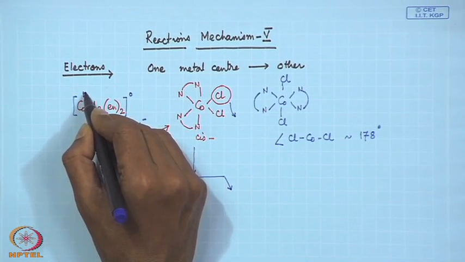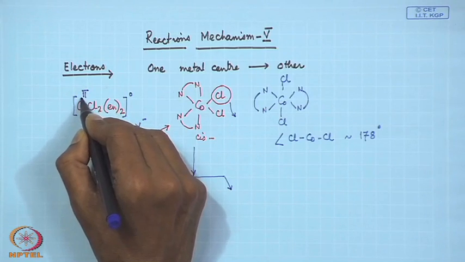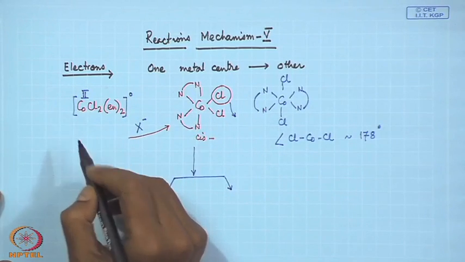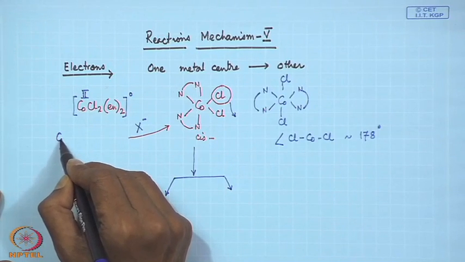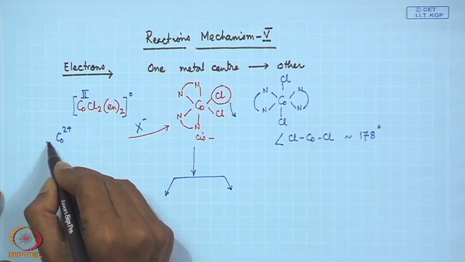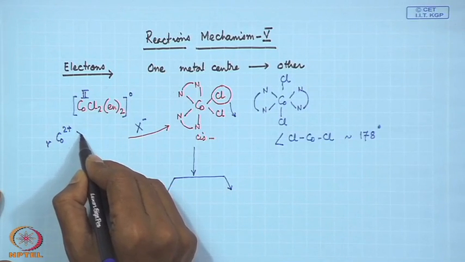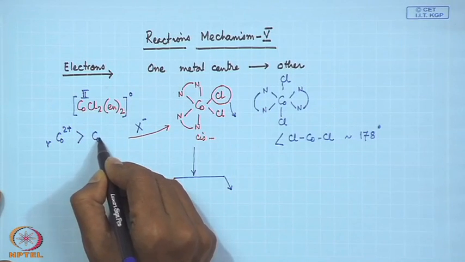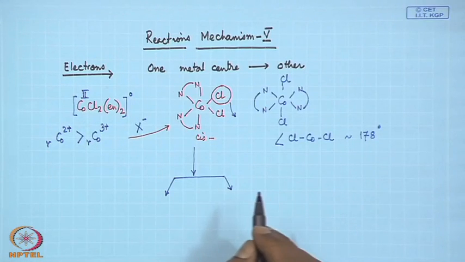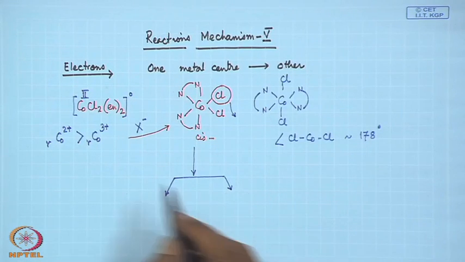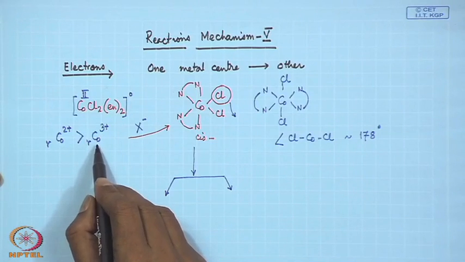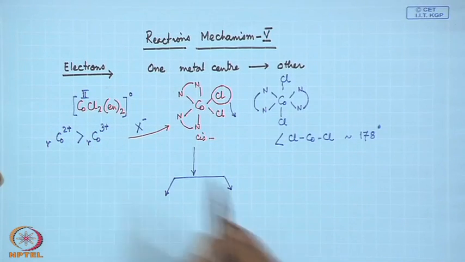So, the oxidation number on the cobalt can be assigned as +2, that means cobalt 2 plus, and its ionic radius will be greater than that of cobalt 3 plus. So, the ionic radius for cobalt 2 plus will be higher than that of cobalt 3 plus.